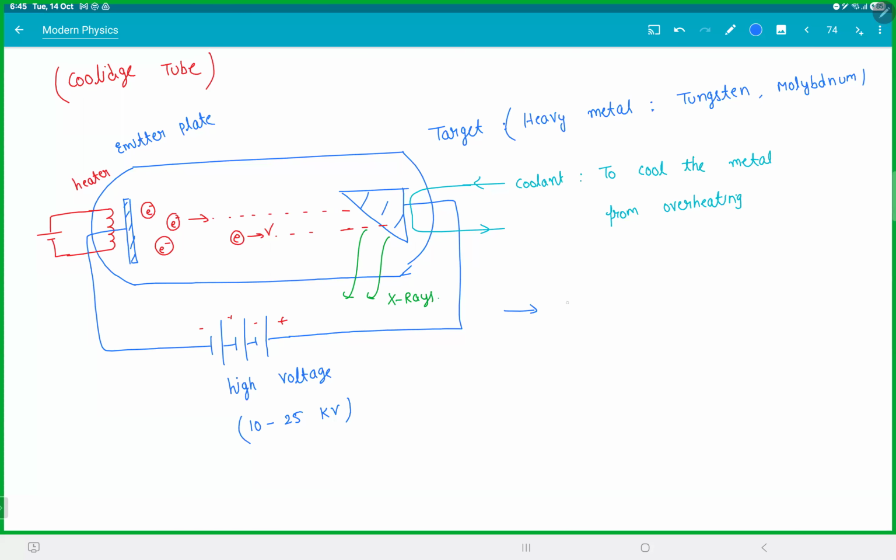First thing, the electrons are emitted by the emitter due to thermionic emission. If you remember, before the photoelectric effect, I explained what is thermionic emission.